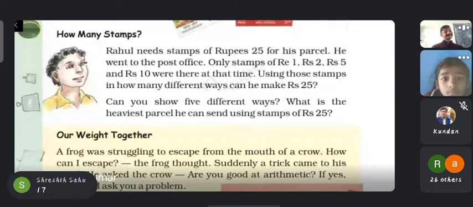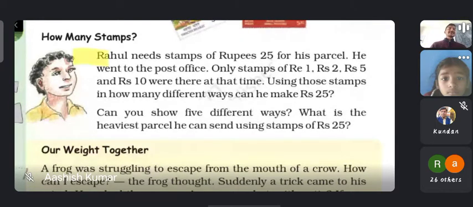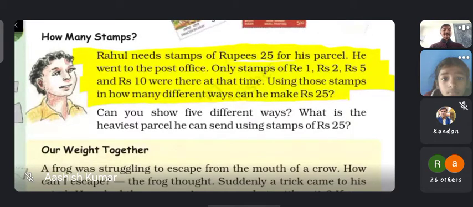Here is the story. Let us see. Rahul needs stamps of rupees 25 for his parcel. He went to the post office, only stamps of 1, 2, 5 and 10 were there at that time. Using those stamps, in how many different ways can he make 25? Can you show 5 different ways? What is the highest parcel he can send using rupees 25?